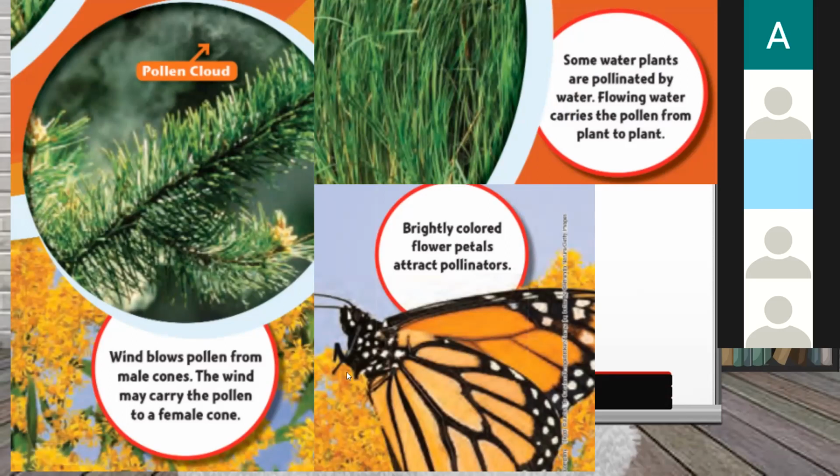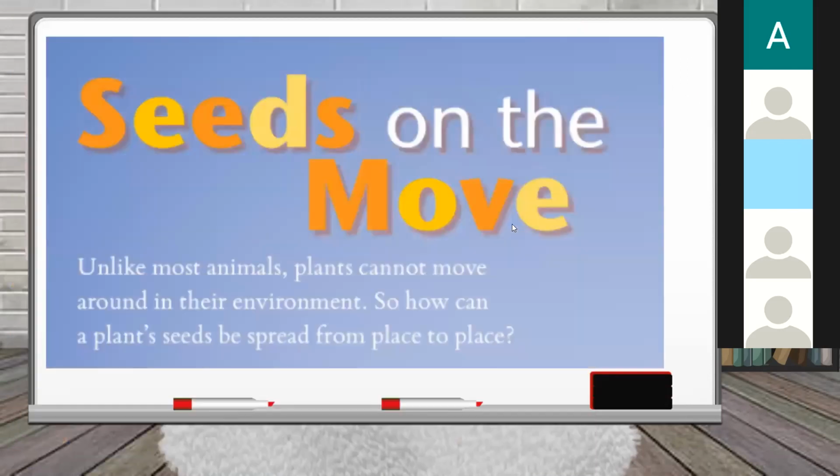Sometimes we need animals or insects like butterflies or bees. They take the pollen with them on their bodies without knowing that when they land upon another flower, they will give the pollen from one to another.